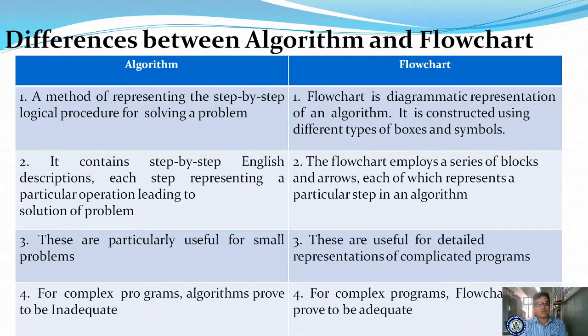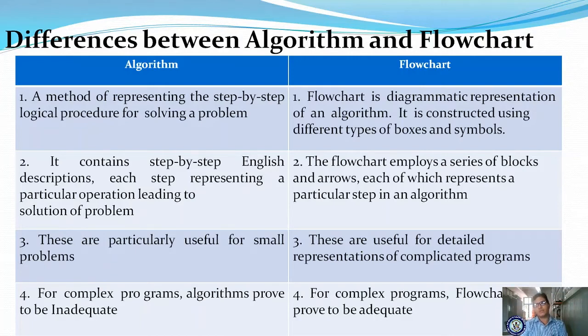Algorithms are particularly useful for small problems. An algorithm is the best solution for small problems. Whenever it comes to complexity, it doesn't solve. Okay. In a flowchart, the third point, these are useful for detailed representation of complicated programs. Even if your problem is very complex, it can be easily handled in your flowchart.